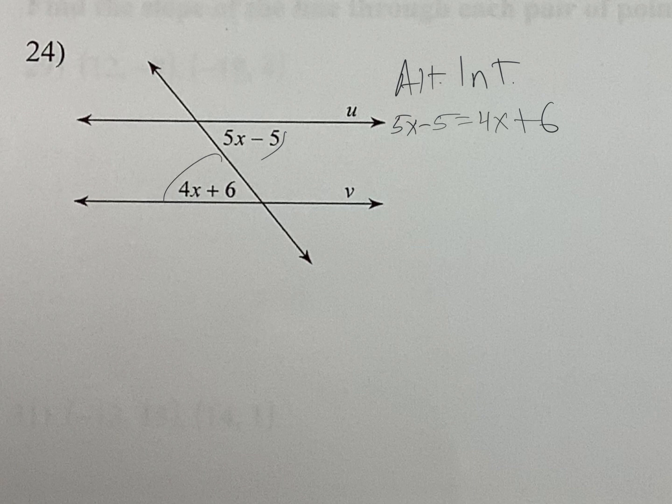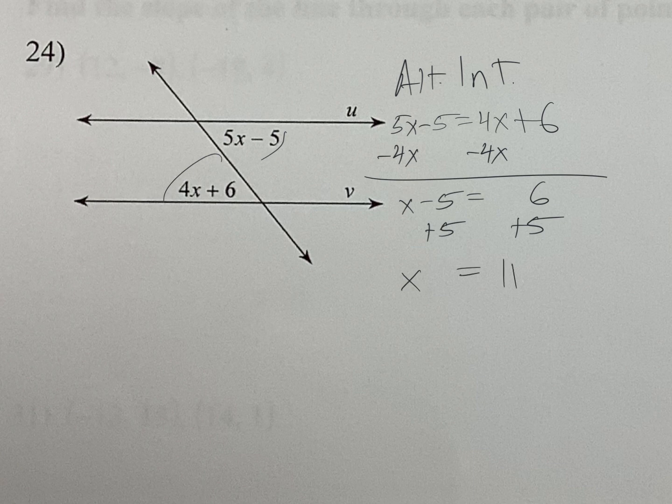Again, you have x's on both sides of the equal sign. You need to get those together. Doesn't matter which side you go to. I'm going to subtract the 4x to the left because when I do that, I see that that's going to give me a positive x. You don't have to. Rewrite everything. You're not saving any paper. It's already been copied. So we add 5 to the right to put the numbers together. X equals 11.